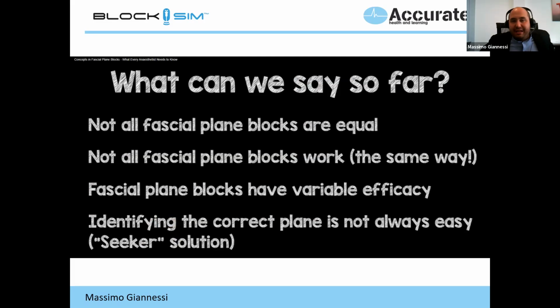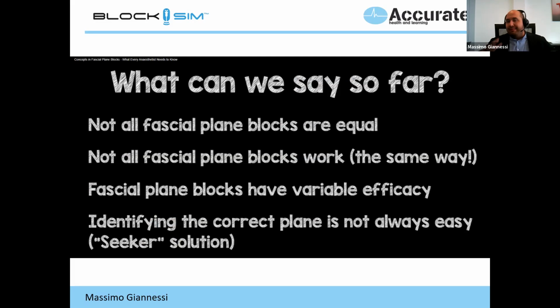So what we can say so far, this was taken from a very nice presentation that I got online, Concepts in Fascial Plane Blocks. You can see the reference in the top left corner. And they said, okay, not all the fascial plane blocks are equal. And this is also important to understand our BlockSim. Not all fascial plane blocks work in the same way.